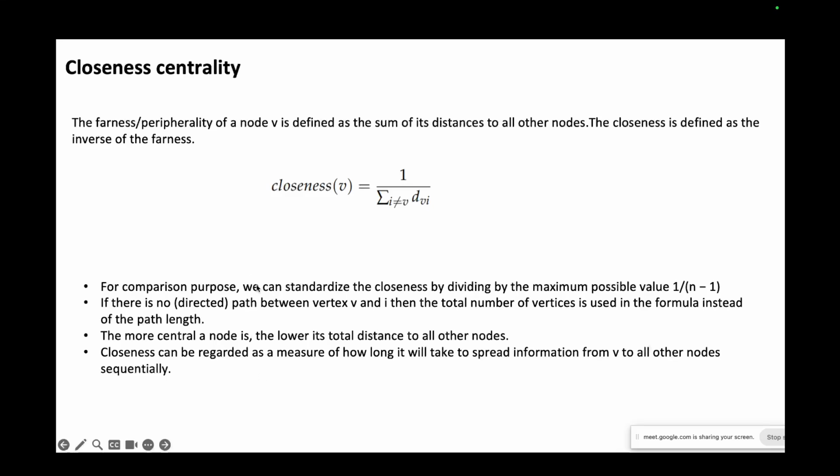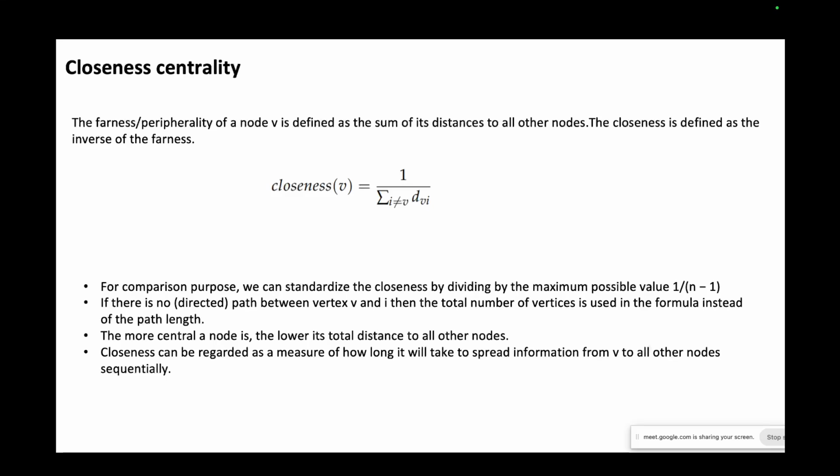If there is no path between vertex v and i, the total number of vertices is used in the formula instead of the path length. So if you do not have a connected path between these two vertices, the total number of vertices is used instead of the distance.